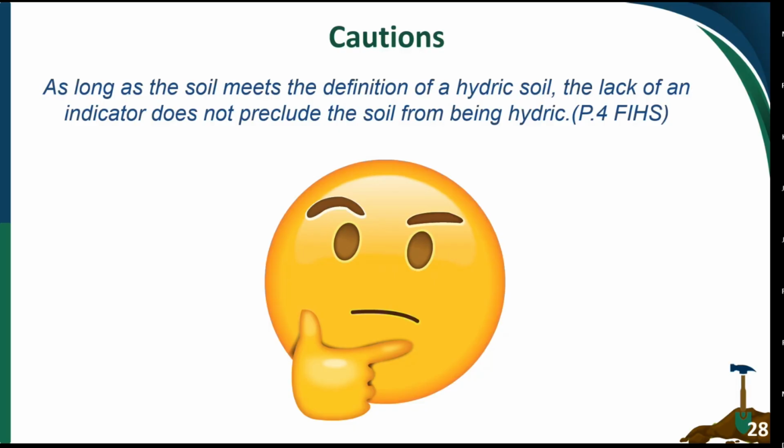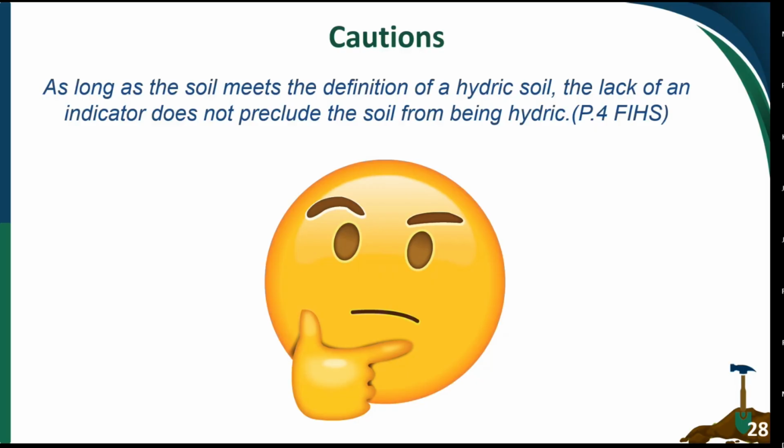All right, this is coming from the indicators: as long as the soil meets the definition of a hydric soil, the lack of an indicator does not preclude the soil from being hydric. So in this phrase, the National Technical Committee for Hydric Soils is telling us there are situations when the soil can be hydric because it meets the definition, but it does not meet a hydric soil indicator.